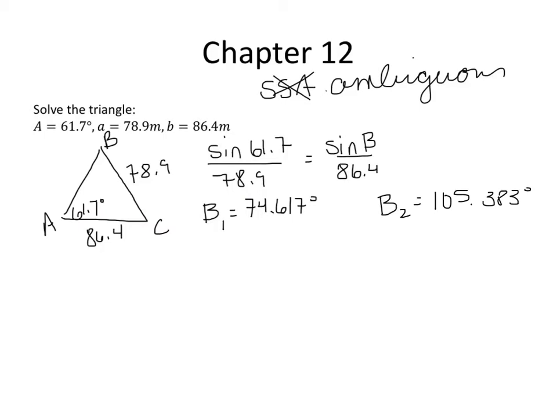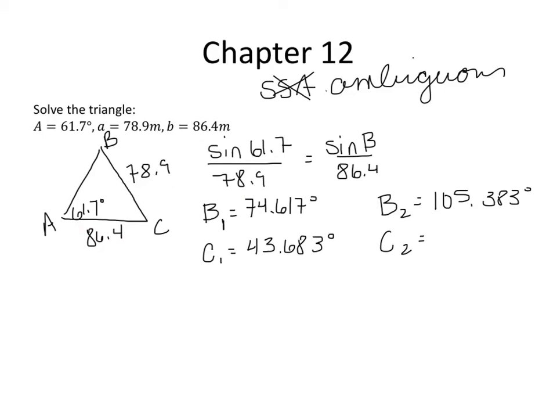This is not the thing that tells us if a second triangle exists. Our next step is to find angle C. So I will take 180, because that's the sum of all the angles, minus 61.7 as our set angle A, minus 74.617. And I get C sub 1 to be 43.683 degrees.